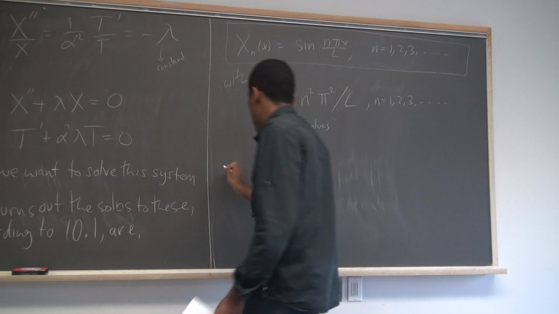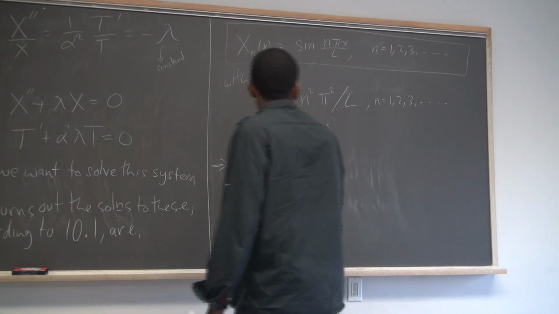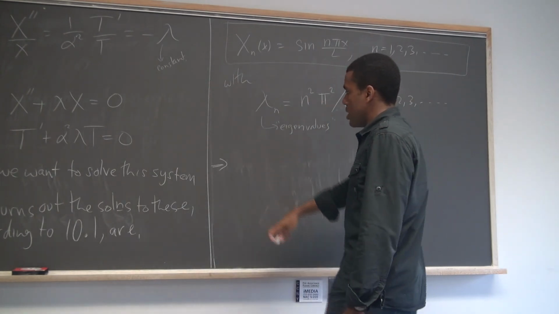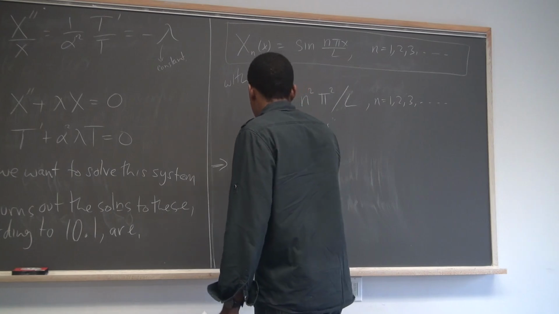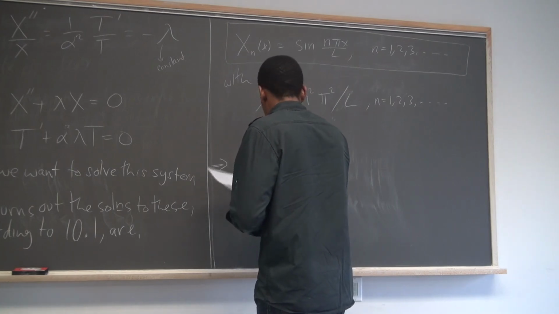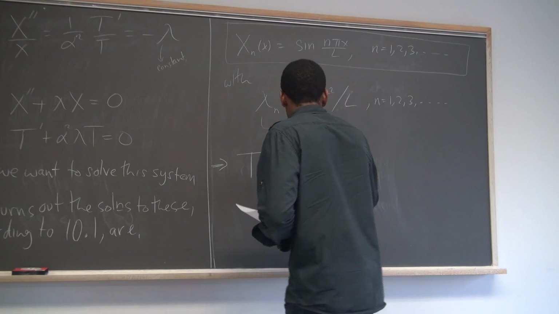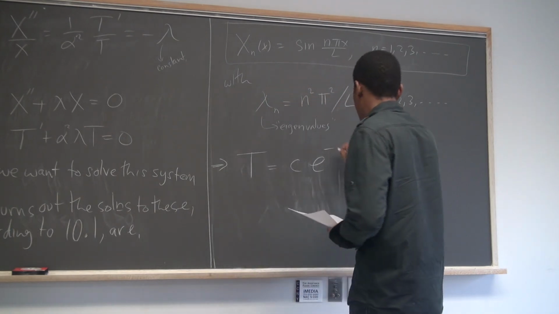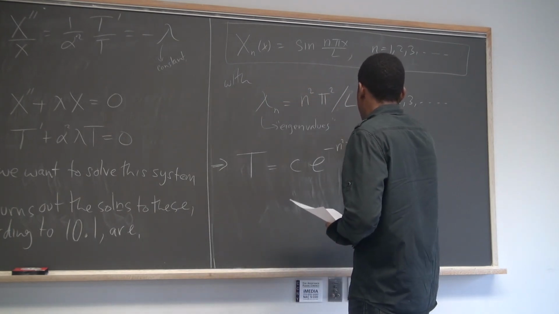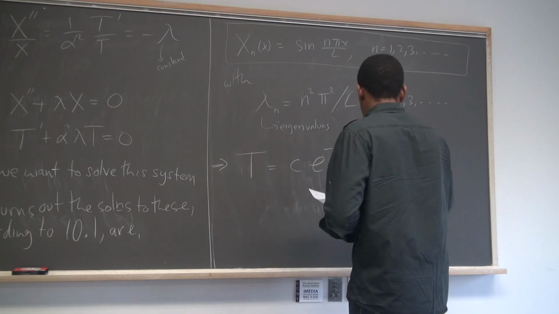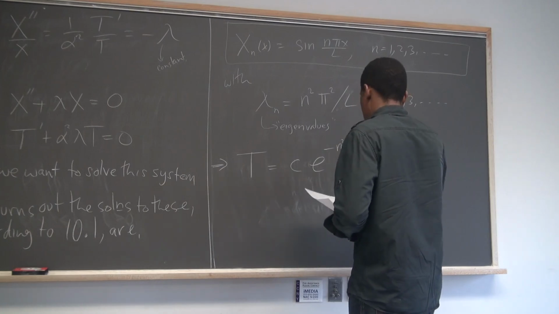Let's actually go. So if you plug this into here, we will get that T is equal to a constant times e to the minus n squared pi squared alpha squared t over L squared.